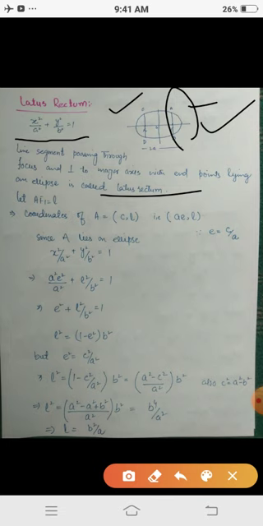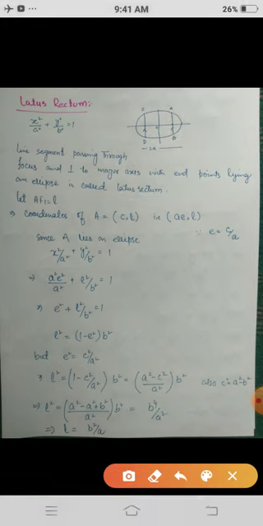Now how to find its length? Let's say that AF1, that is this one, is L. Then the coordinates of this point are (c, 0) or (-c, 0), because the distance of this focus from the center is c.